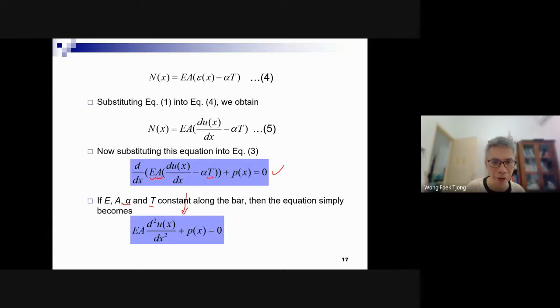So this is for the case when all of them are constant along the bar. We will have these equations. Any questions?